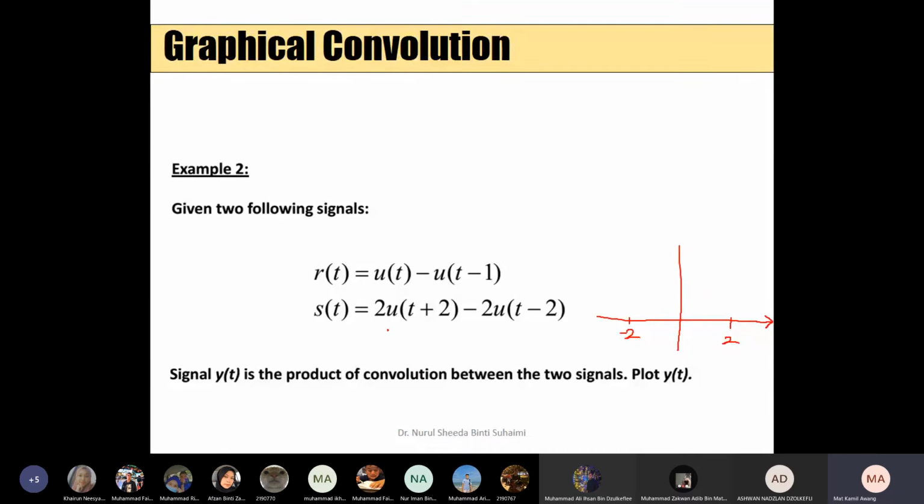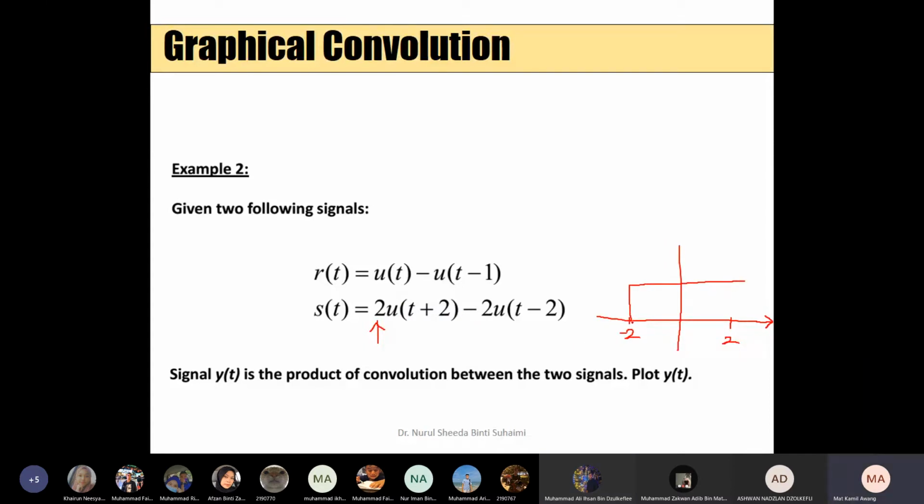This function u is a unit step, so the amplitude is 2. So t at minus 2 is 0. Minus 2 plus 2 is 0, so u of 0 is actually 1. 1 times 2 is 2. So you have the first function like this.